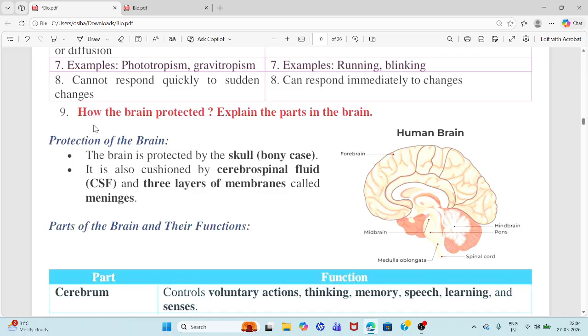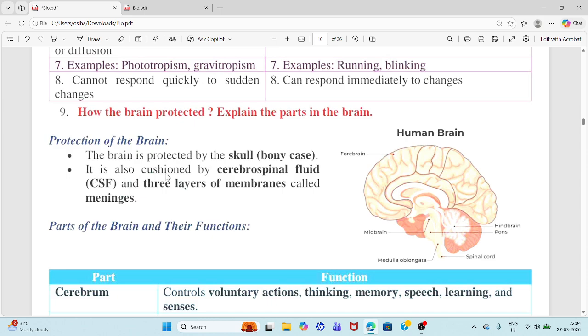So we have to explain parts of the brain and how the brain is protected. First, protection of the brain. The brain is protected by the skull, a bony case.